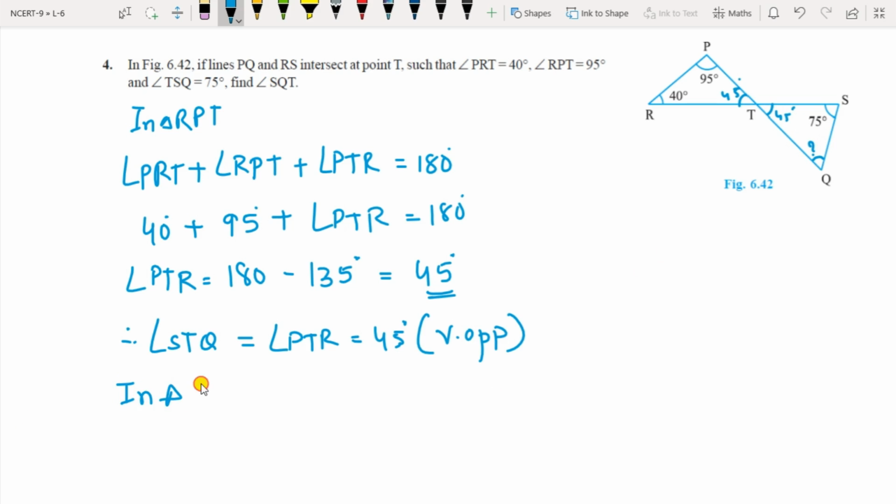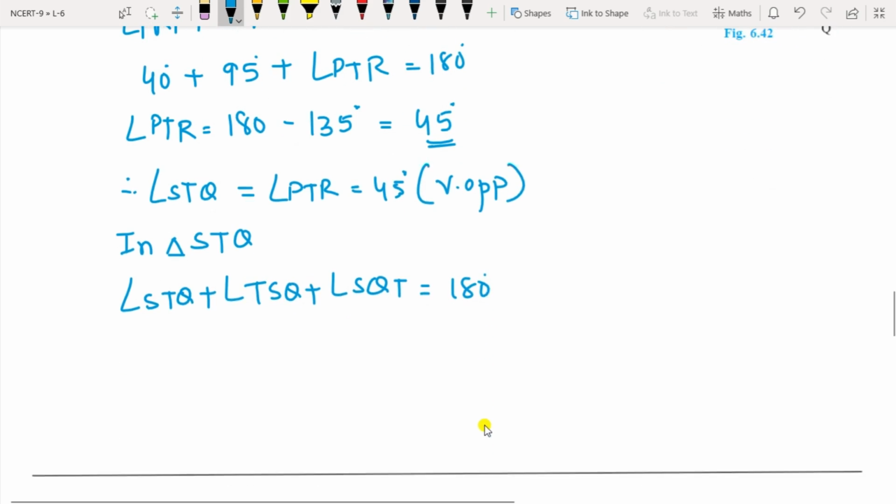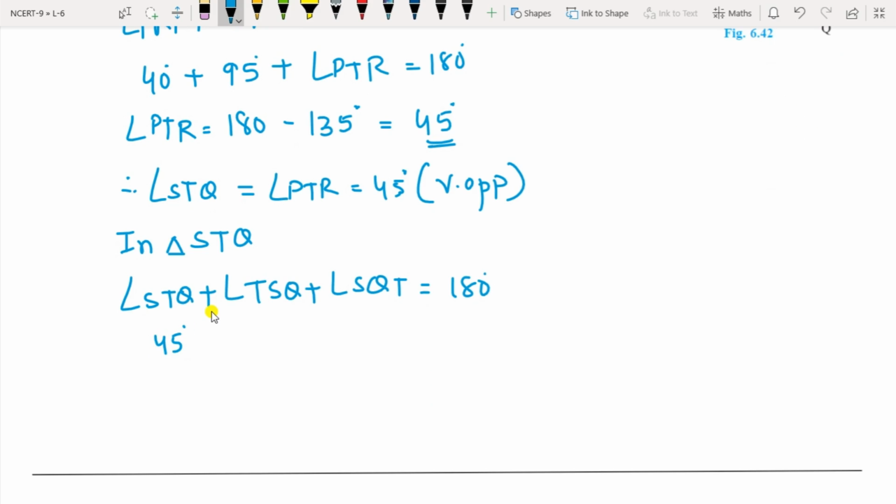In triangle STQ, okay, so angle STQ plus angle TSQ plus angle SQT will be equal to 180. STQ is 45. The center angle is T, so T angle is 45 here.